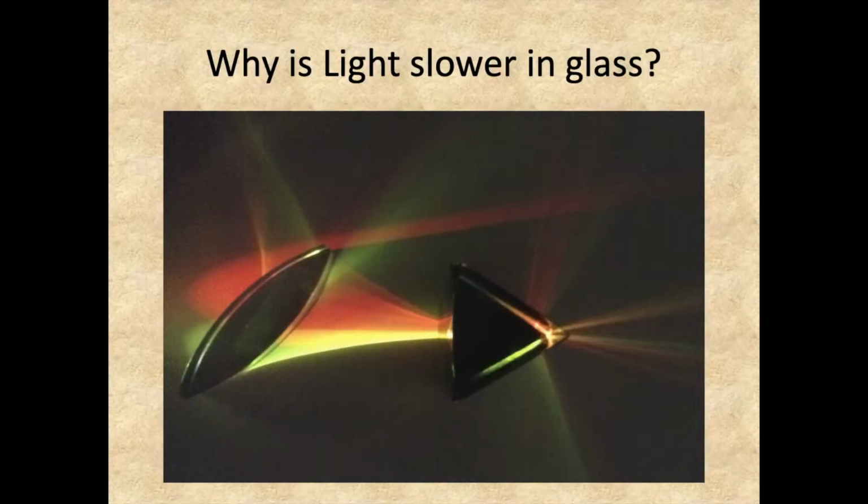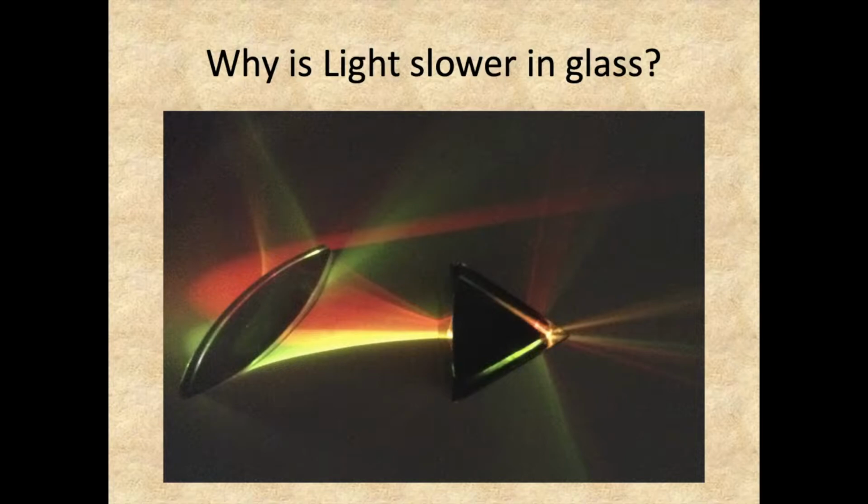Refraction is the change of speed of a wave due to a change in the medium. Why is light slower in glass? In glass, in water, any transparent medium that is more dense than air, light is slower than it is in air or vacuum. Now, to understand why, we need to think about what kind of wave light is.